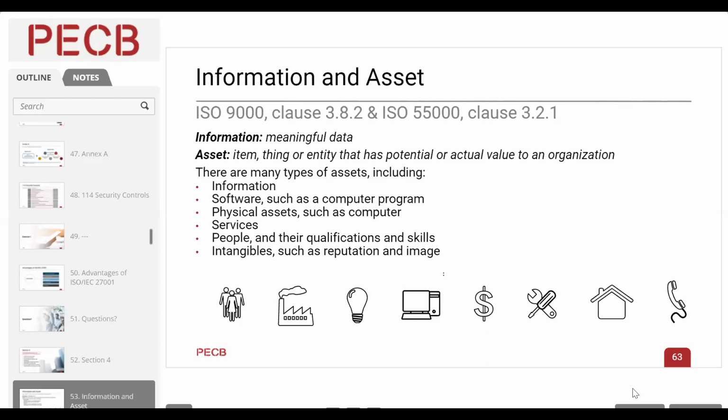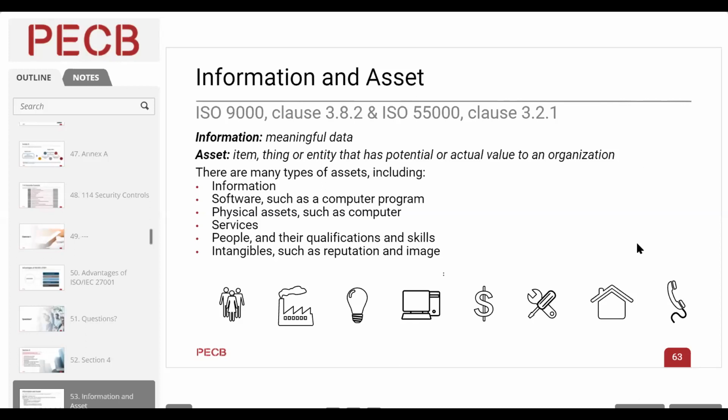The ISACA certifications just give some added background, a broader perspective of the management requirements. I hope, Nana, I've answered your question.